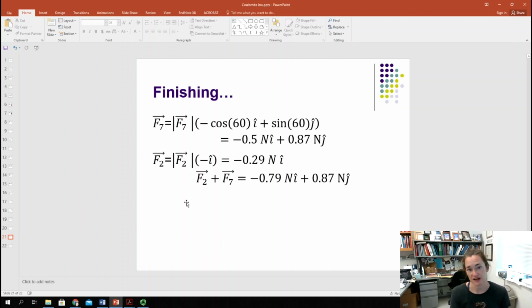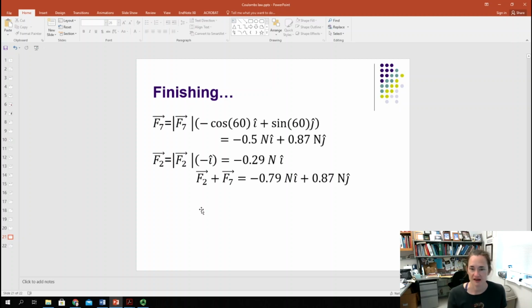Now I'm going to perform vector addition. Remember, that's component-wise addition. You add x components to x components, and y components to y components. Never, ever add x and y components together. X to x, y to y, z to z. This is a 2D problem though, so F2 plus F7 would be minus 0.5 newtons plus minus 0.29 newtons in the i hat, which gives me minus 0.79 newtons.